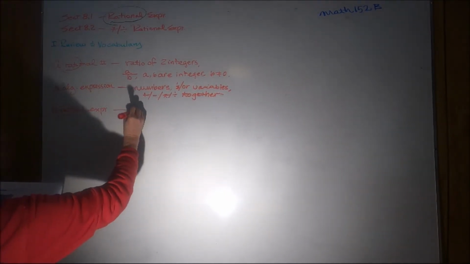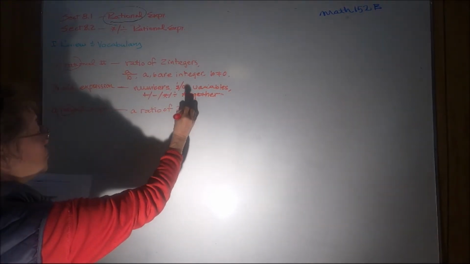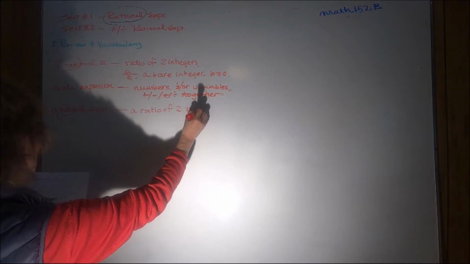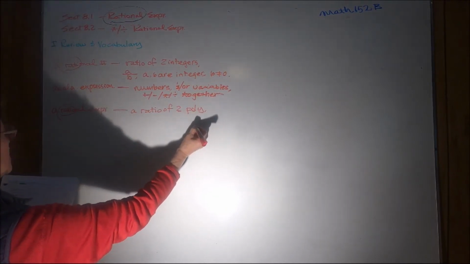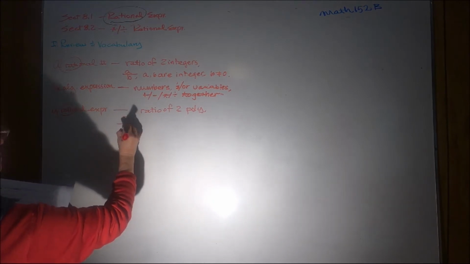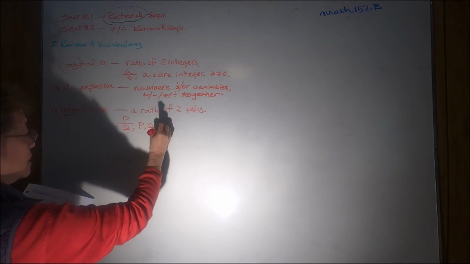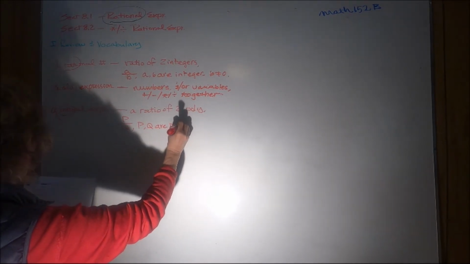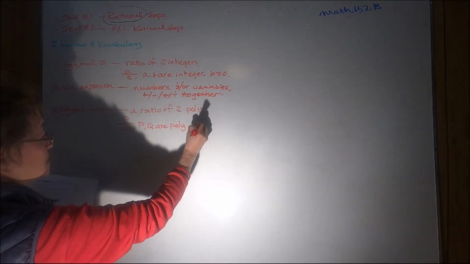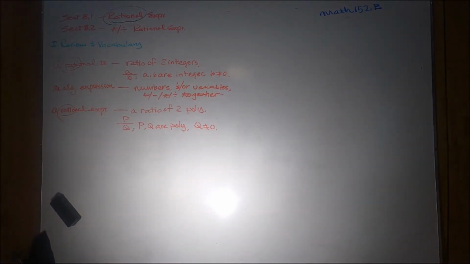So that would be a ratio of two polynomials. A polynomial fraction is written in the style P over Q, where both P and Q are polynomials, and the denominator cannot be 0.